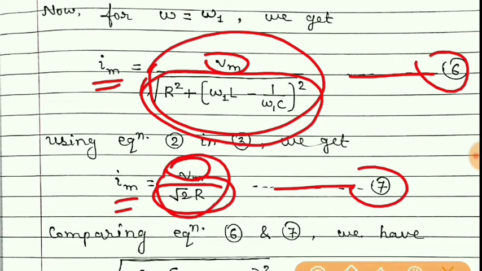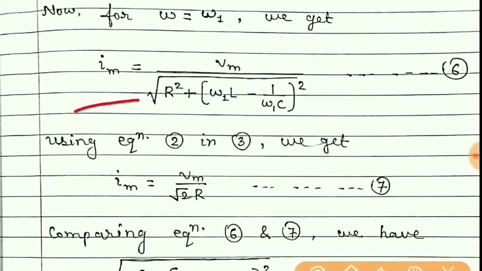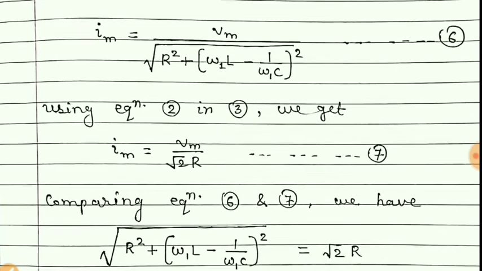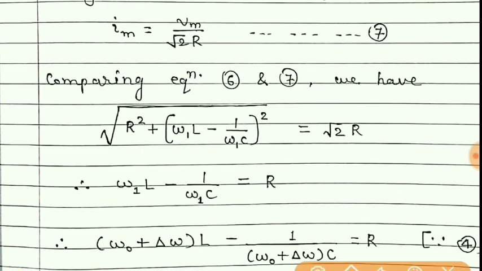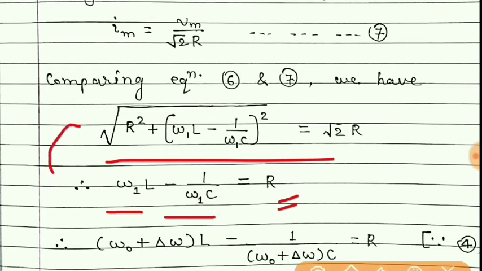So we can get this value: root of R square plus omega 1 L minus 1 upon omega 1 C whole square is equal to root 2R, and that I have written here. Then simplifying this, we will get omega 1 L minus 1 upon omega 1 C is equal to R. So you have to do one more step and then you will get this.